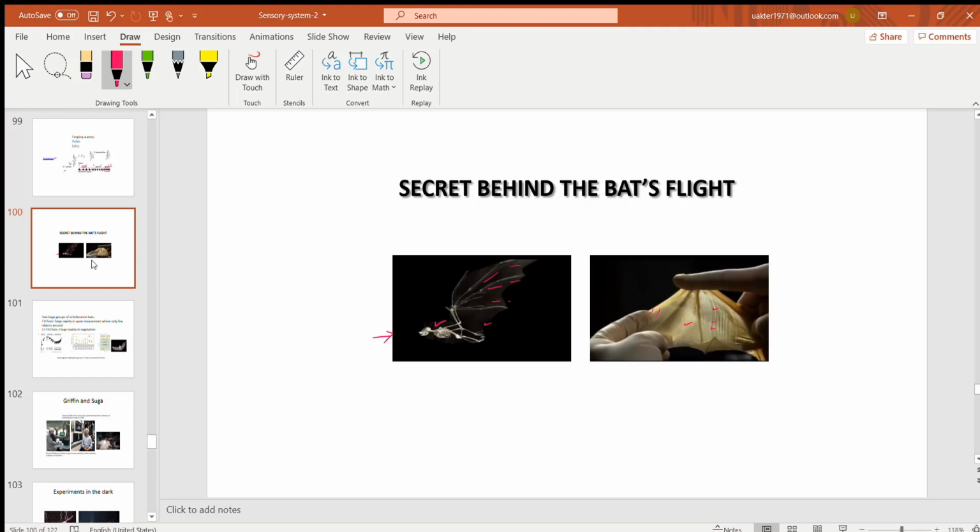And the first scientist who discovered that bats use very high frequency pulses that we do not hear to localize or find the prey was a graduate student.